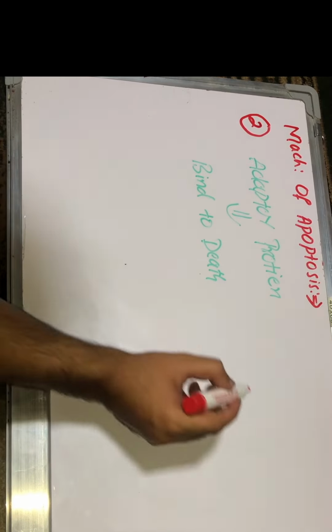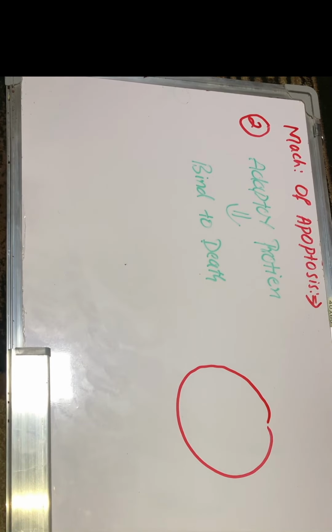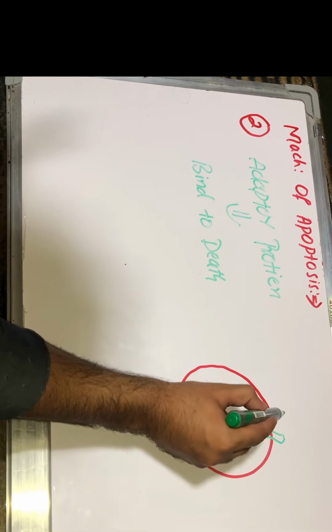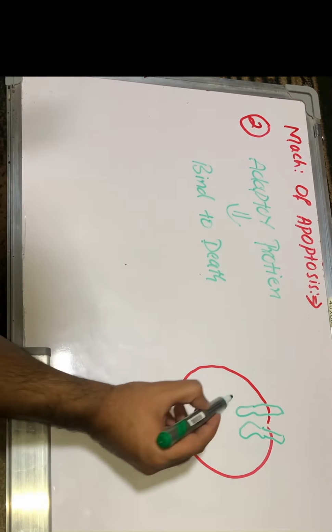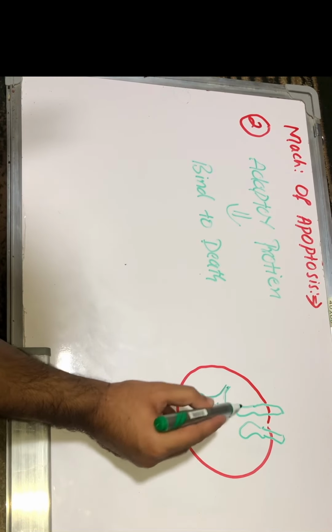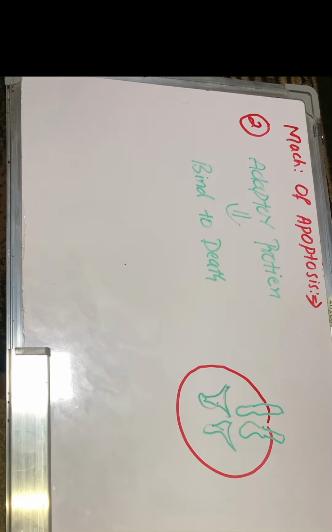For example, this is a cell. It contains tumor necrosis factor 1 and they make a cluster. Then certain adapter proteins come and bind these death domains.